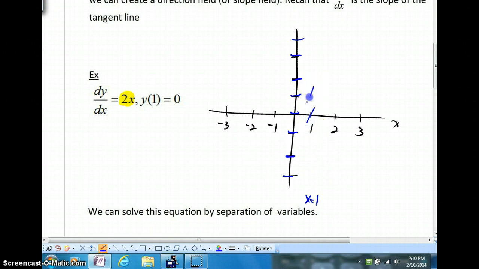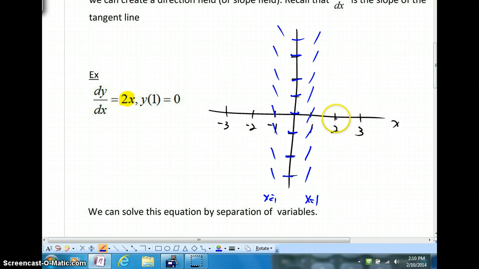So it might look more like that. I guess what I'm trying to show you is that you should get all of those tangent line slopes to be the same. How about at -1? If I were at x equals -1, all those would be having tangent line slopes at any point of -2. 2 times -1. So, wow, look at that.